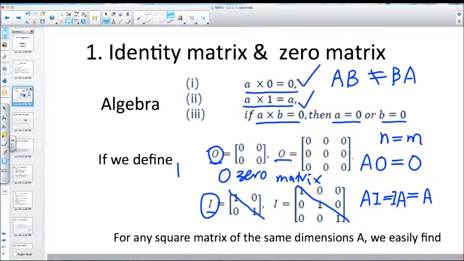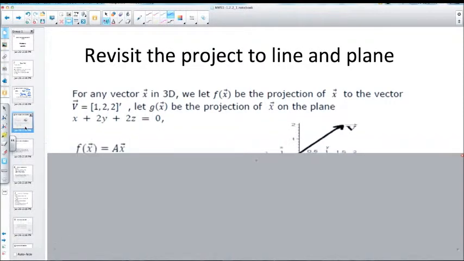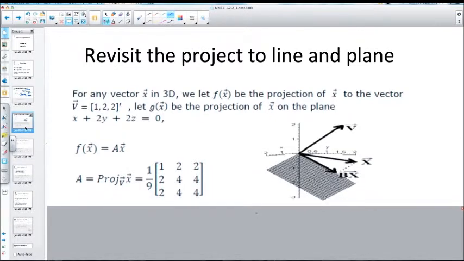Well, let's see the third property. We're going to look at an example of projection transformations. In this example, I have 2 transformations. F is going to project any vector X onto the vector V, which is (1, 2, 2).